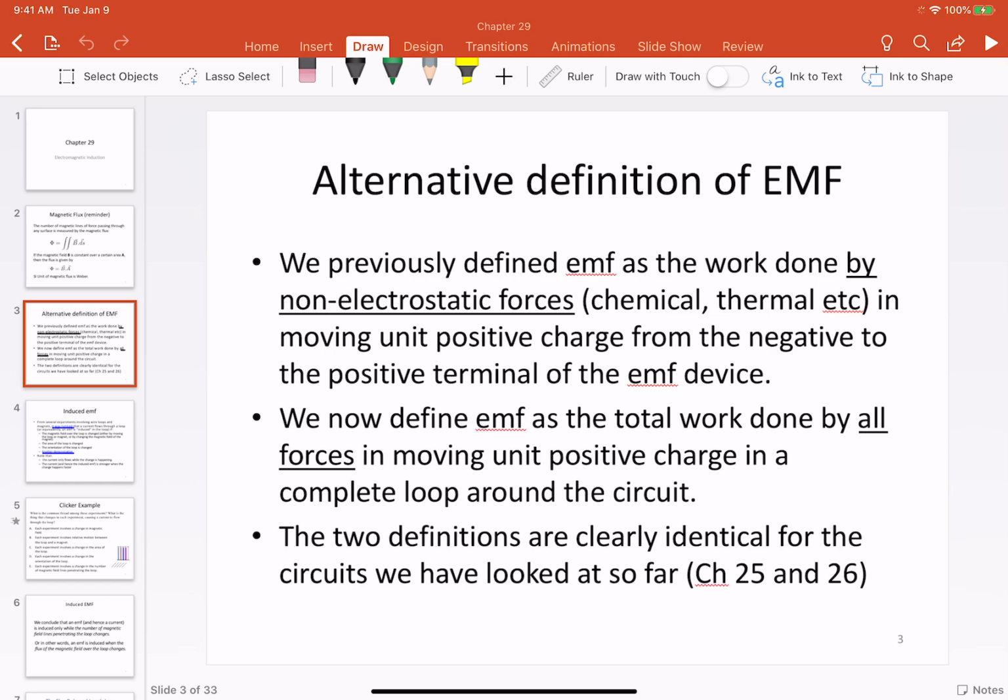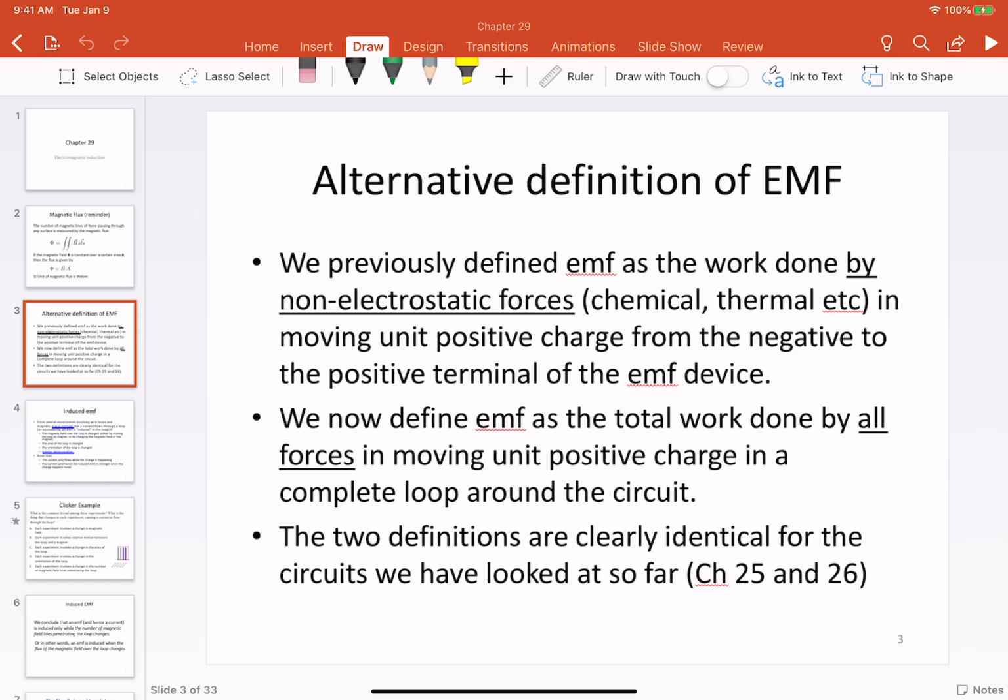Okay, now another thing that we are going to revisit is the definition of EMF. In chapter 25, we had defined EMF as the work done by the non-electrostatic forces in moving a unit positive charge from the negative to the positive terminal of the EMF device, which was usually the battery. We are now going to define EMF as the total amount of work done by all forces in the circuit.